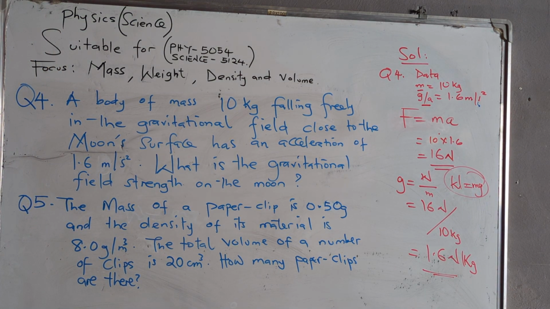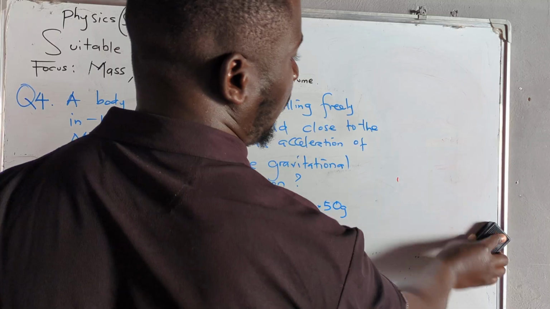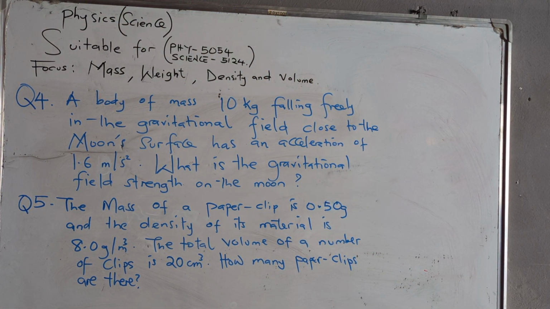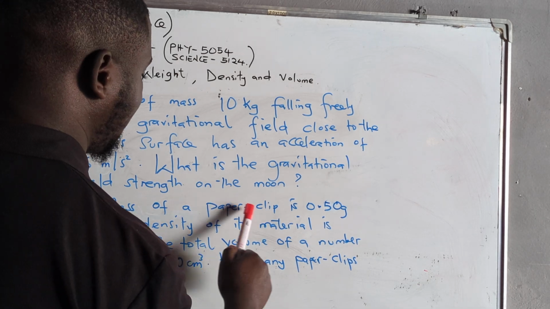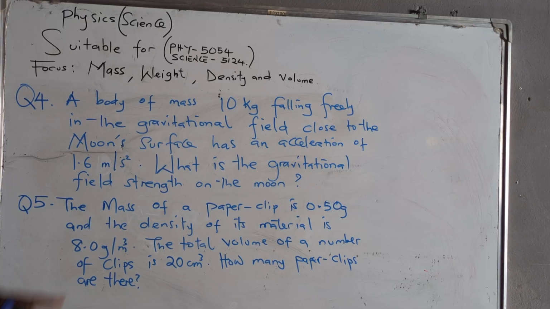So let's look at how we can provide the solution to question number 5. Number 5 says the mass of a paper clip is 0.50 grams, and the density of the material is 8.0 grams per cubic centimeter.